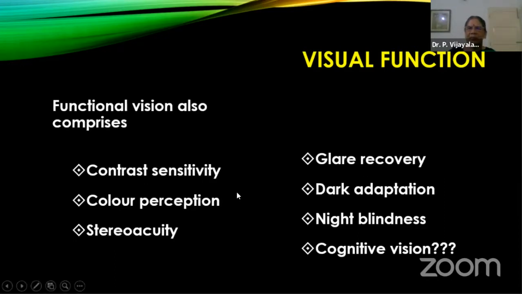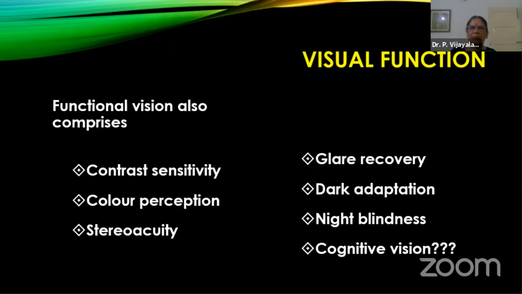Even despite a good visual acuity, there are children having difficulty in reading and in accomplishing their academic work, because of contrast, glare, cognitive vision, or defective saccades or pursuits.